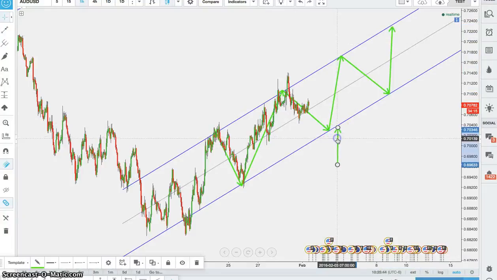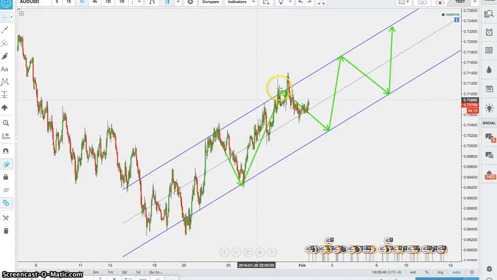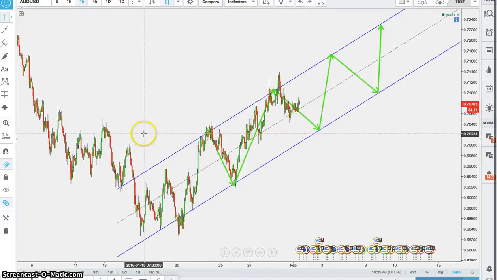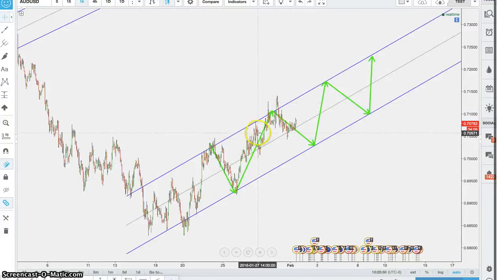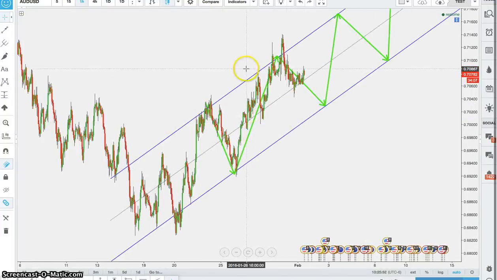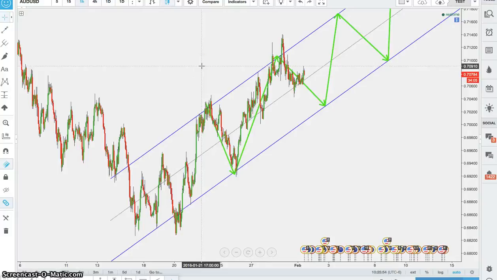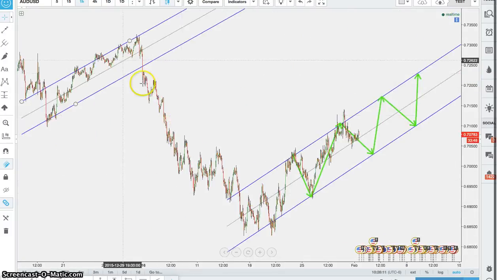The first key is just practicing drawing these channels as much as possible, and then from there we can start to figure out where the market's at, and then we'll build onto that. There are other tools that we can use to help get entry points to figure out if we should buy down here or sell up here, things like that. So the first key is just going to be drawing these channels for every trend.